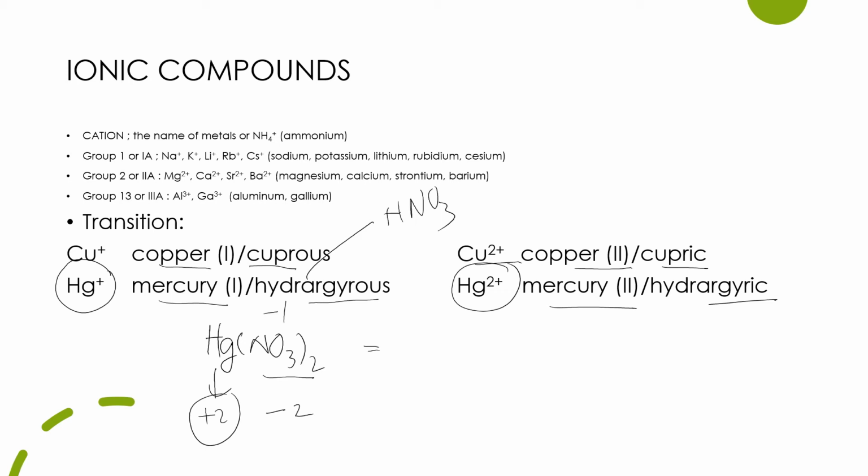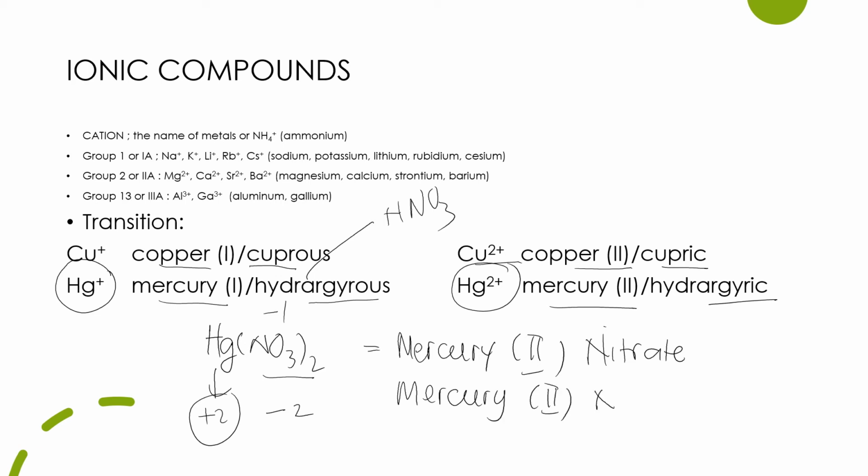The name is mercury(II), then the anion is nitrate, or mercury(II) nitrate. Here N is +5, so nitrate(V).